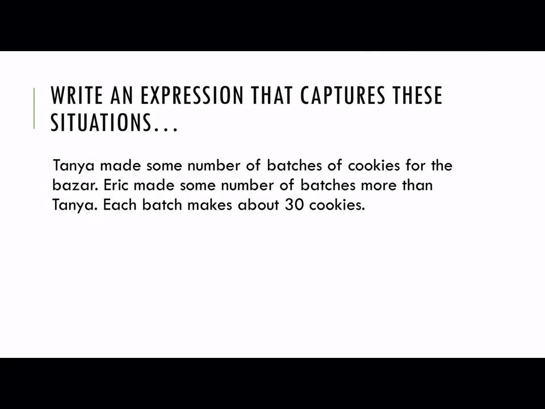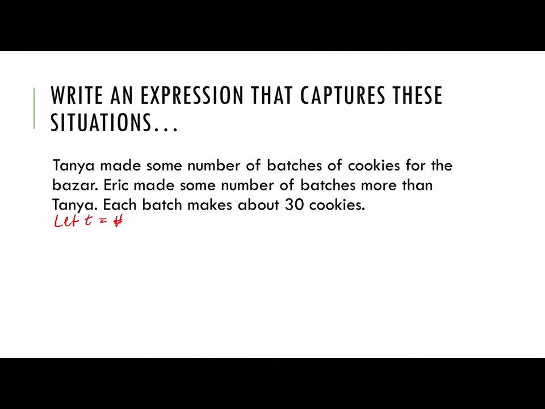Okay, now that you've written some expressions, we are going to explore some here now. So first we need to mathematize each of these sentences by creating a variable and applying it to it.